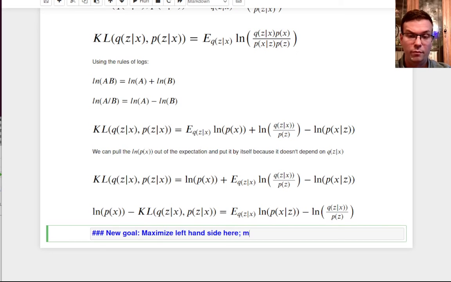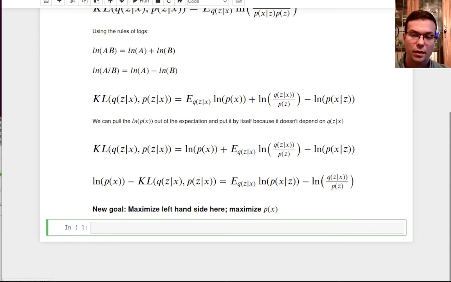And really I want to maximize P(X), the prior probability of X. That's like saying, how close are you to being part of the data distribution? In other words, if I'm trying to fit this thing to cats, I want this variational autoencoder to represent cats. P(X) would say, how likely is this particular image X a cat? And I want that to be as big as possible.